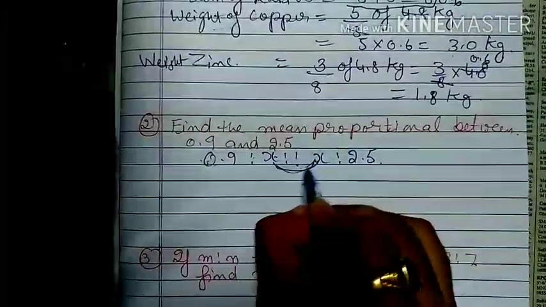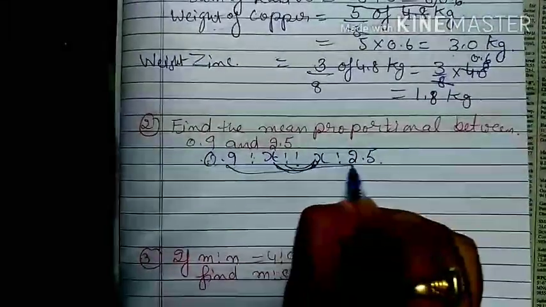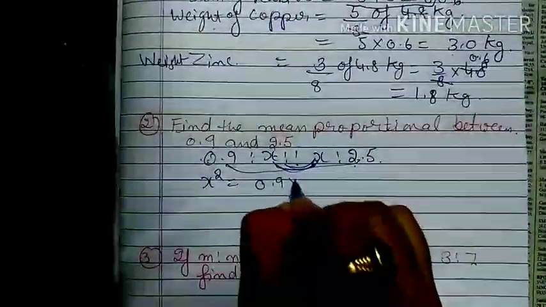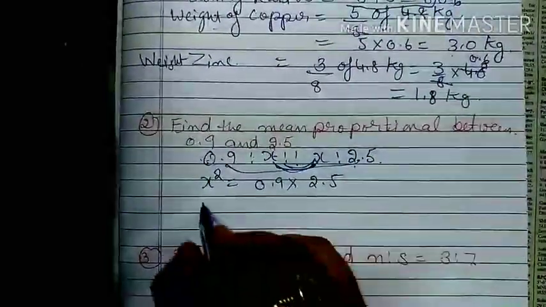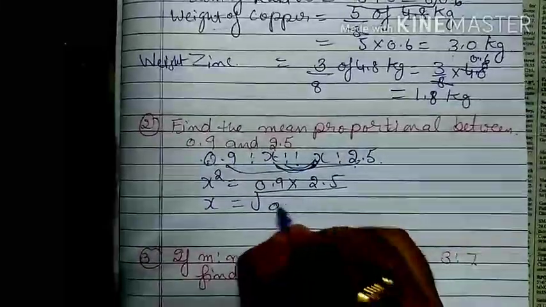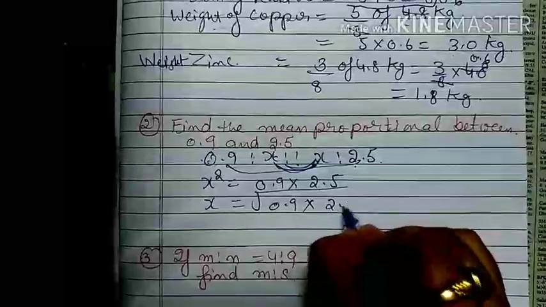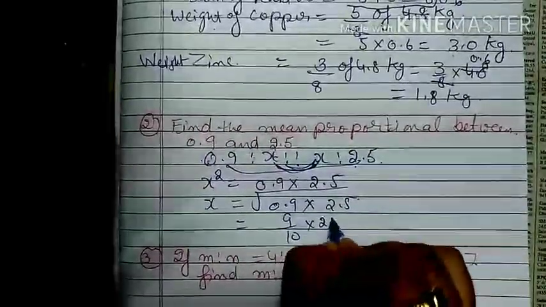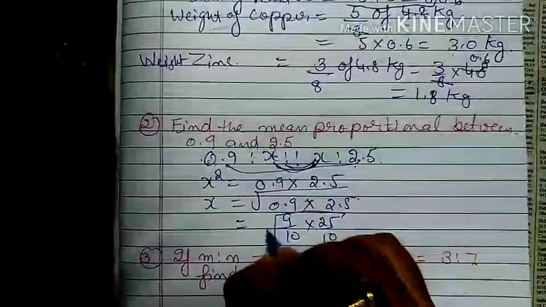You can directly multiply the product of means and the product of extremes, that is x square equals 0.9 multiplied by 2.5. When we take the square root on both sides, x equals the square root of 0.9 into 2.5. Now remove the decimal and find the square root.